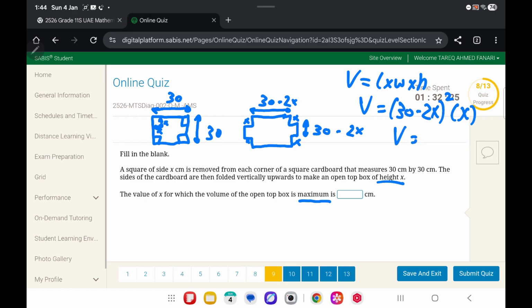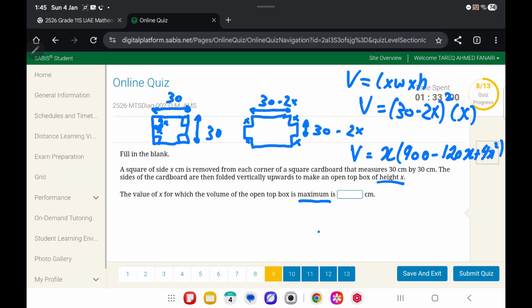V is equal to 30 squared is 900, minus 2ab, 2 times 2 times 30, which is 120x. Let me just make sure. Yeah, 120x. Sorry, let me just move so I have more space. So V is equal to x multiplied by 900 minus 120x plus 4x squared.